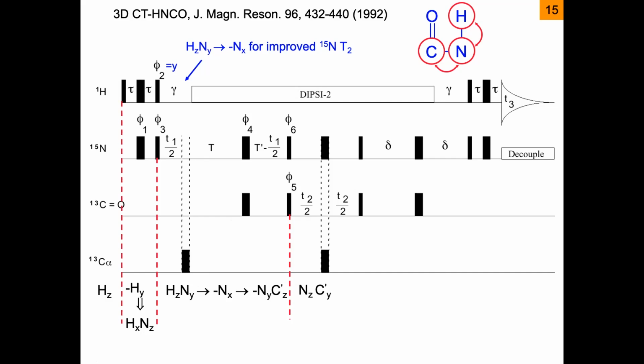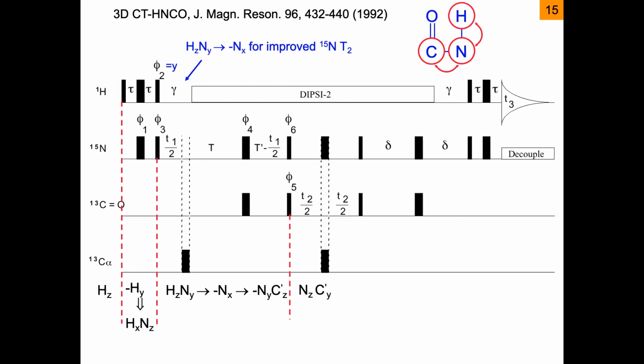And so you get here, losing the pointer, minus Nx magnetization. And at the same time, it defocuses with respect to the carbonyl.